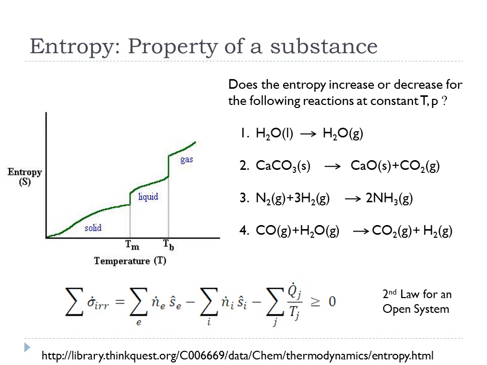Okay, next thing I want to point out is we're going to talk a little bit about the entropy of a substance. And the entropy of a substance increases with temperature. As we saw from the third law of thermodynamics, it goes to 0 when the temperature is 0.